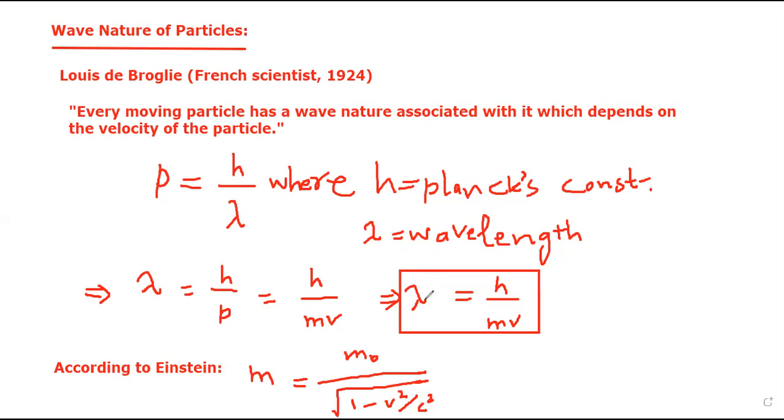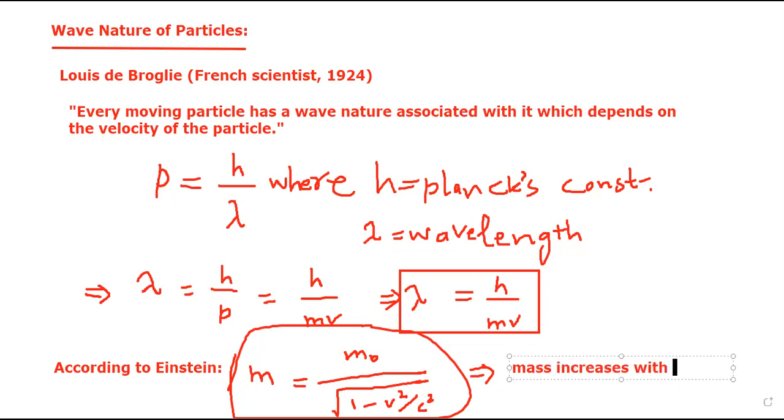Here there is some confusion: Einstein is saying that the mass increases when something is moving with a certain velocity, so mass increases with increase in velocity.